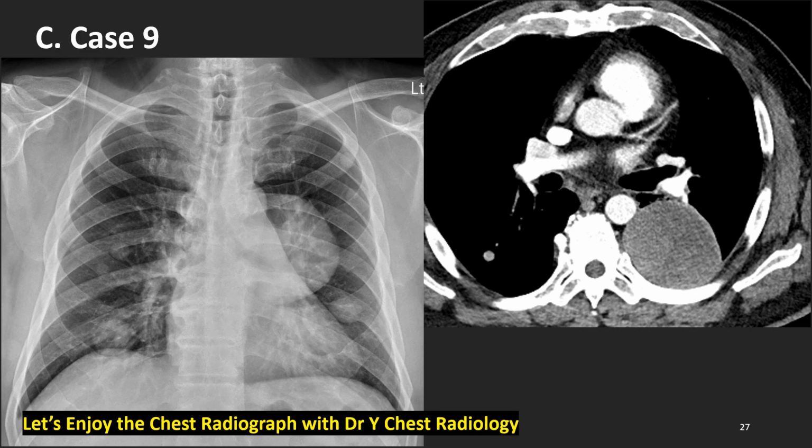How do you feel about the findings with the axial contrast enhanced CT of this man? Is this a paravertebral compartment neurogenic tumor? Lung metastasis? No. This is the largest one of the hematogenous lung metastases with round shape. Yes, it's confusing.